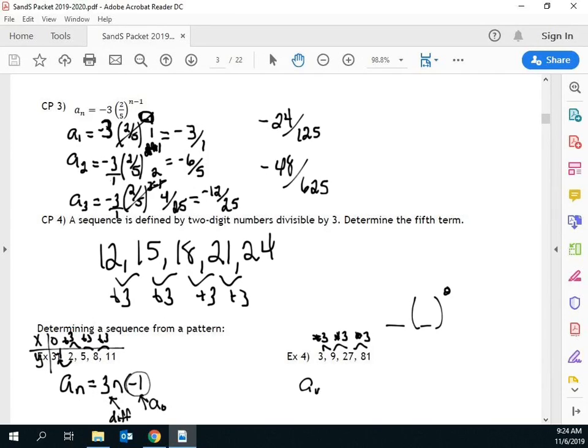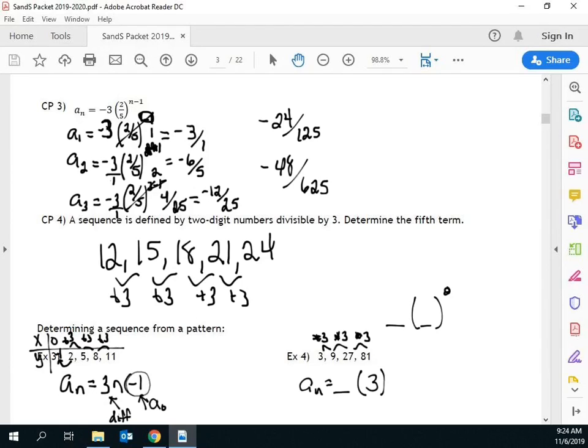So we need to take some number and then multiply it by the same number over and over and over again. What's the same number we're multiplying over and over again, guys? 3. So that goes there. Is that right?